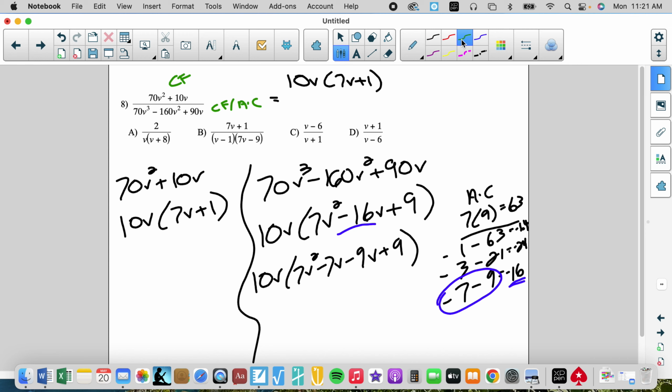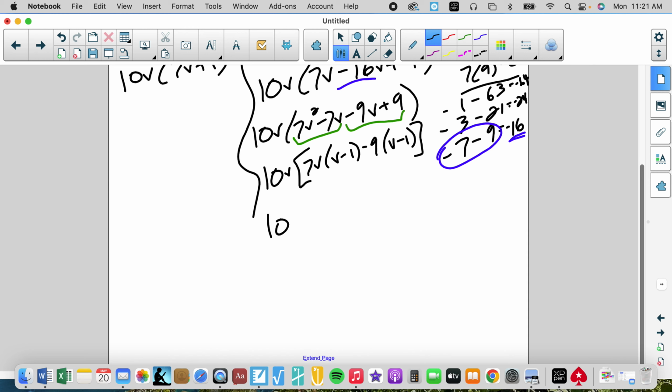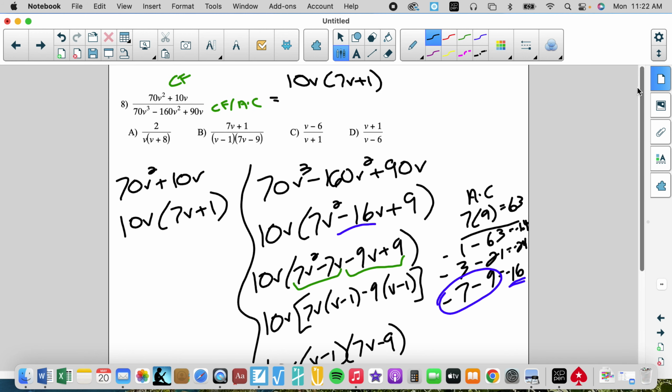We're going to factor by grouping. Let's factor out a 7v, which leaves us with v minus 1. We'll factor out a negative 9, which leaves us with v minus 1. And that's 10v times the quantity v minus 1 times the quantity 7v minus 9.